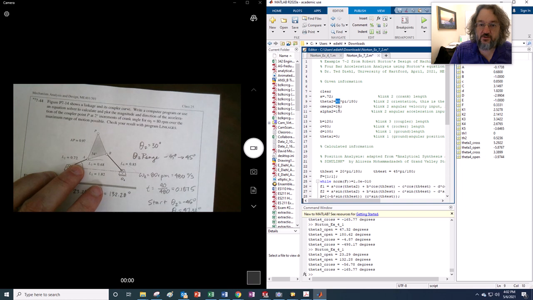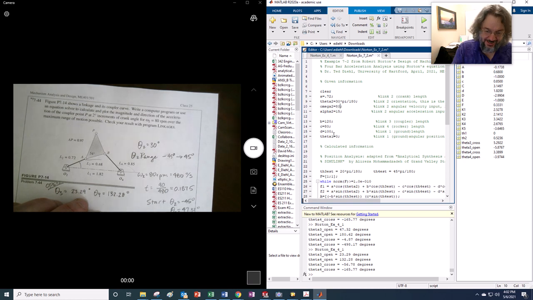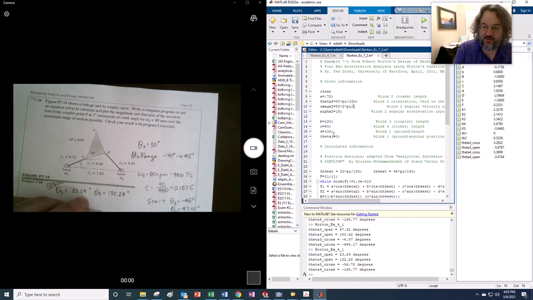And theta 2 for this is going to be 30. And omega of the thing is going to be 80 times 2 times pi divided by 60 to get into radians per second, and alpha 2 is 0.